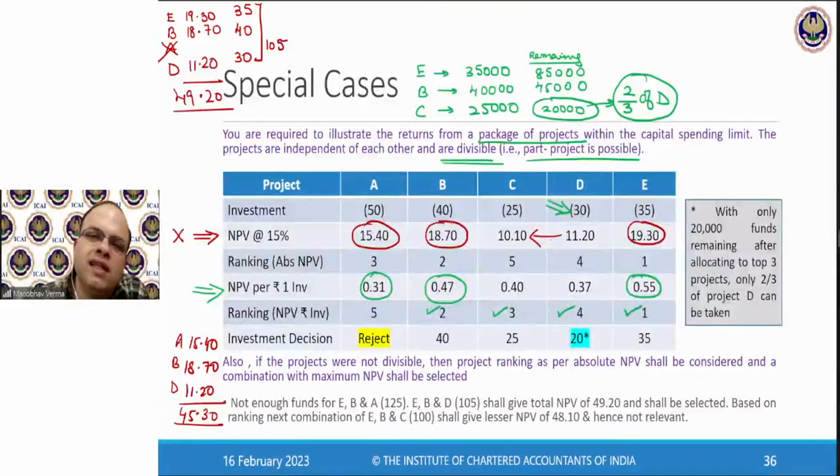I think your question itself has the answer. Like just now I said, in the EBD combination, you are left with 15,000. You could invest somewhere else also. Just don't forget, our basic premise or the assumption here is that we are not dividing the project. Project is not divisible here. I think basic premise is that, and then it should make you clear.